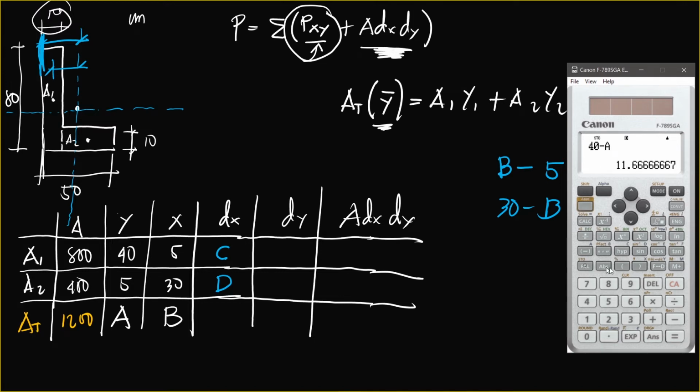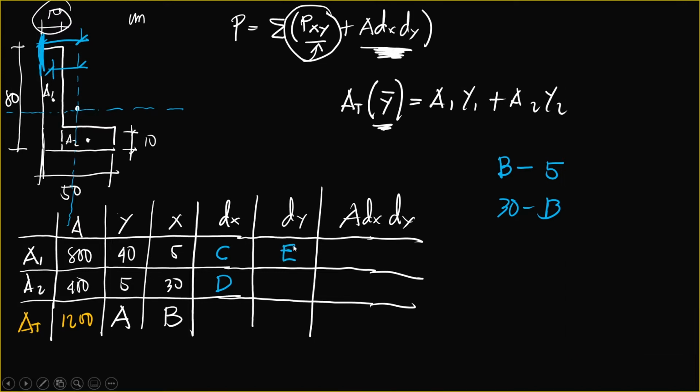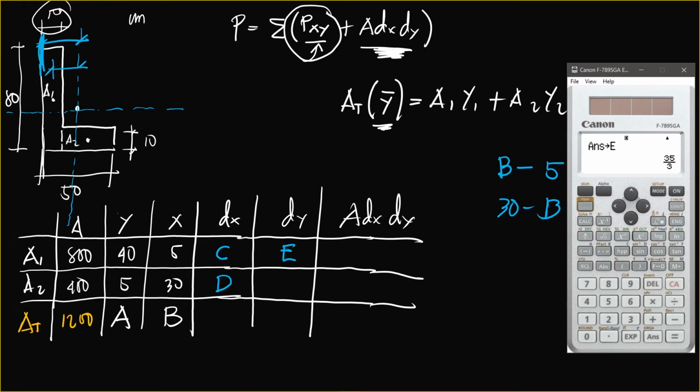Let me store it to E. Then for A2, that would be A minus 5, which is 23. I will store it to F.